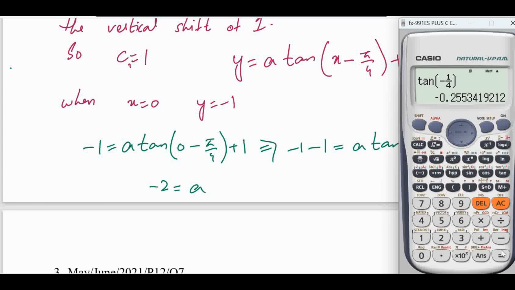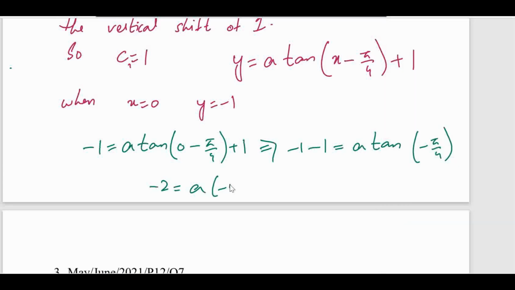Sorry, this should be tan of negative pi by 4. So this will be equal to negative 1. So negative 1, which means that a will be equal to 2.